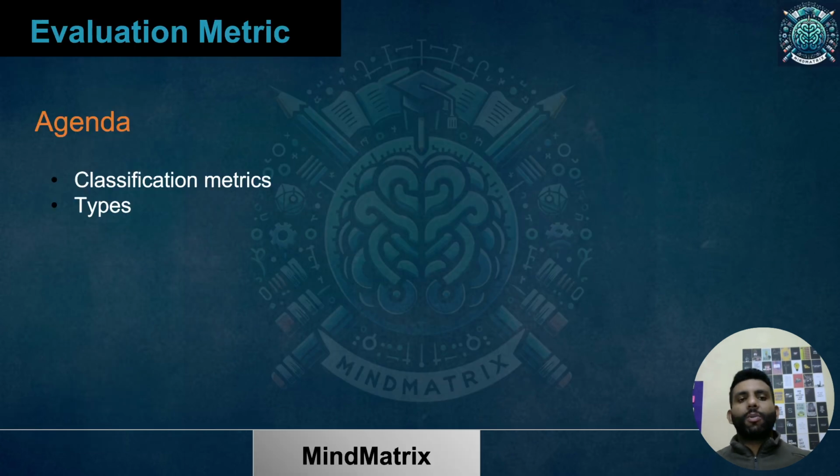So let's just talk about the evaluation metrics for classification problems. If you have seen the last lecture, you already know why we need evaluation metrics. Machine learning is simply learning from the data. Whenever there is learning, we always make sure to test the knowledge.